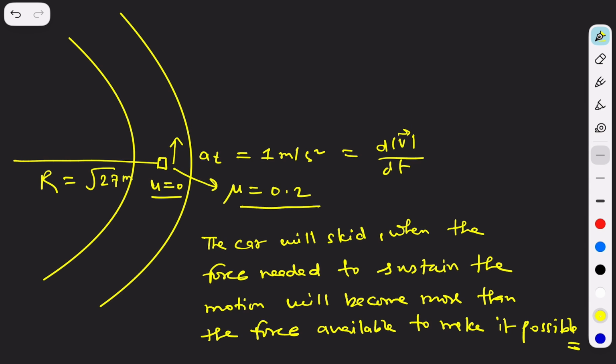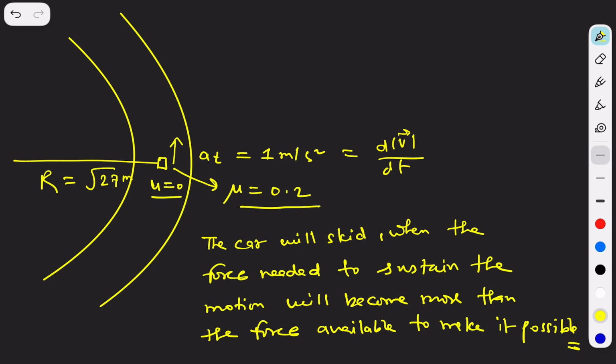Here friction is the only force which can help you sustain this motion, and friction is participating in two things. One, it gives the tangential acceleration that you are having.